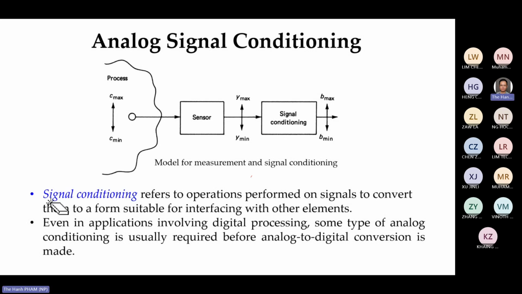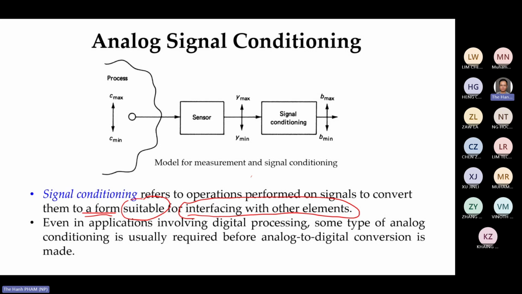So in terms of definition, signal conditioning is all the operations you can perform on the signal, and then you can convert it to a form which is suitable for interfacing with other elements. Sometimes you may want to remove noise. Maybe you want to amplify the signal, that's why you have an amplifier.